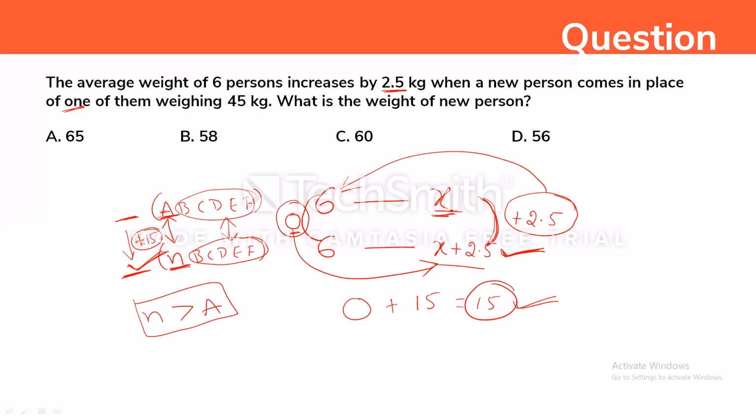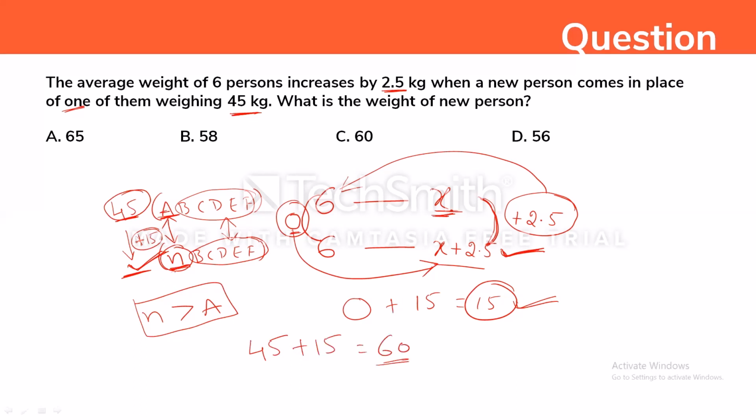Now, when a new person comes in place of one of them weighing 45 kgs, it means A's weight is already given as 45. Now we need to find N's weight. How much more is it? 15 kgs more. So A's weight is 45, plus 15 kgs more, it will be 60.